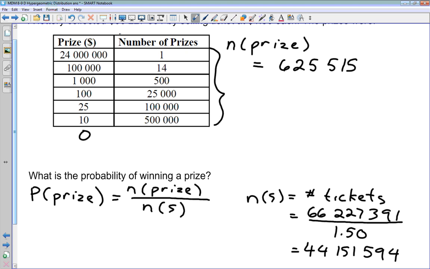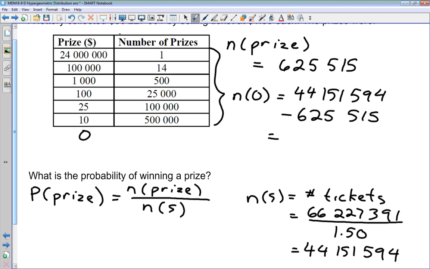If we want to figure out the number of $0 prizes, we have to take the total number of tickets sold and subtract off the number of prizes. So the number of ways that you can win $0 is going to be this: 44,151,594 minus 625,515 gives us 43,526,079.